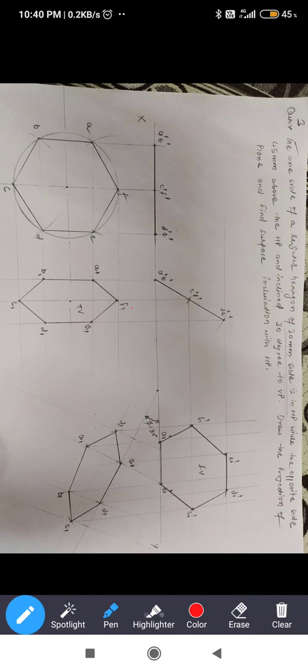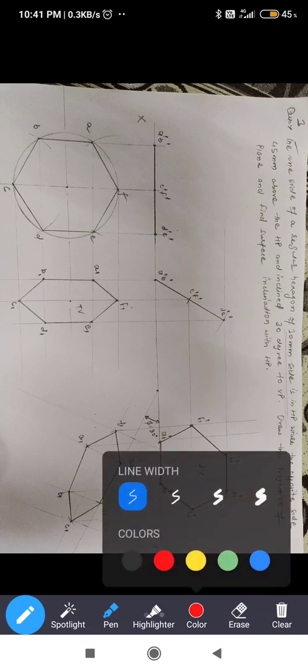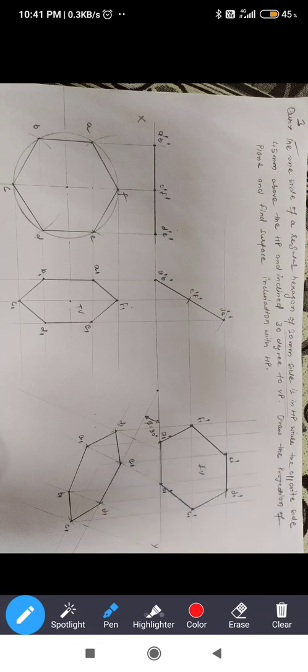Now the next part of the question: the opposite side is 45 mm above the HP. Since one side is in HP, it means the figure touches the plane HP.